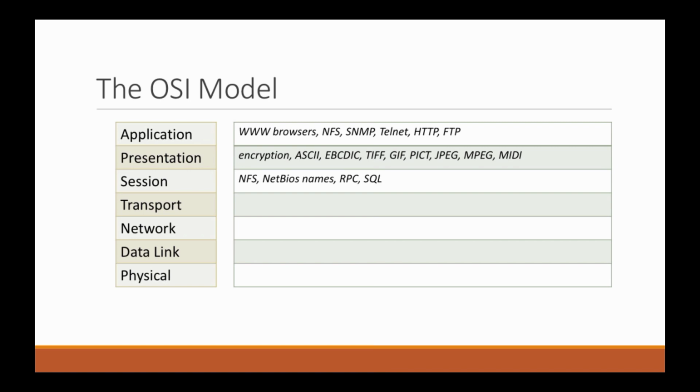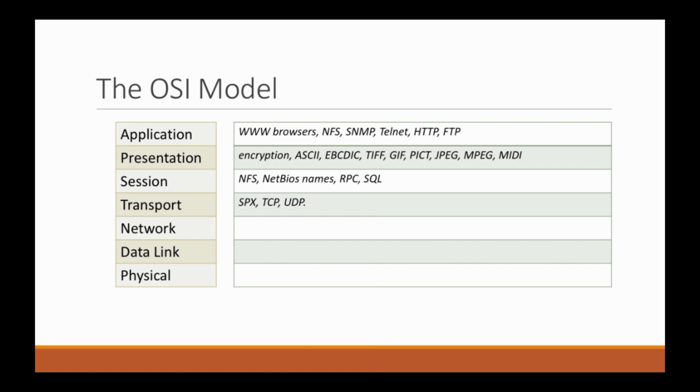Within there, you'd have things like NFS, NetBIOS names, RPC, and SQL. So, transport. This layer provides transparent transfer of data between end systems or hosts, and it's responsible for end-to-end recovery and flow control. It ensures complete data transfer, and you'd have SPX, TCP, and UDP.